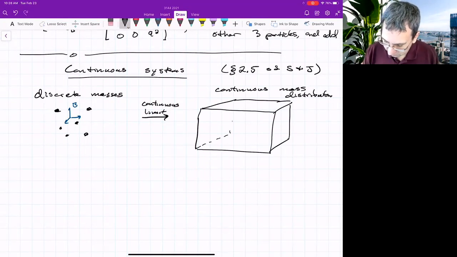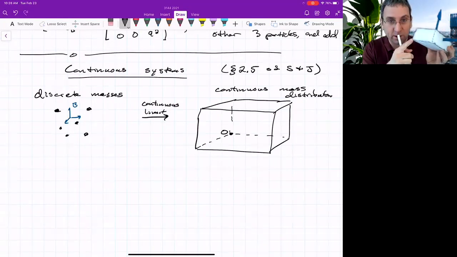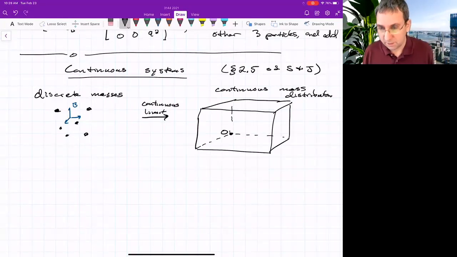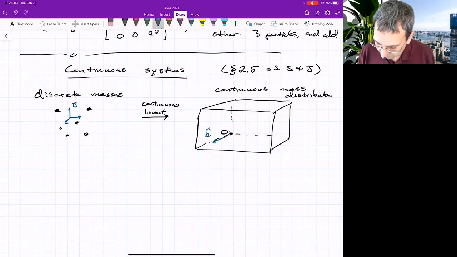We pick some origin. It might not be the center of mass, but you need to start calculations somewhere. Like if I hand you an object, you've got to pick some kind of reference point on it to start calculating things. So with a reference point, like this point O, then you can define your body fixed frame. So it's a frame fixed in the body.